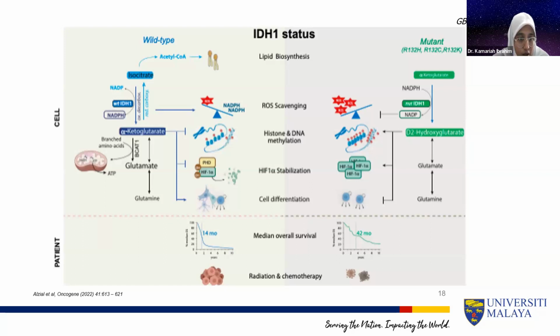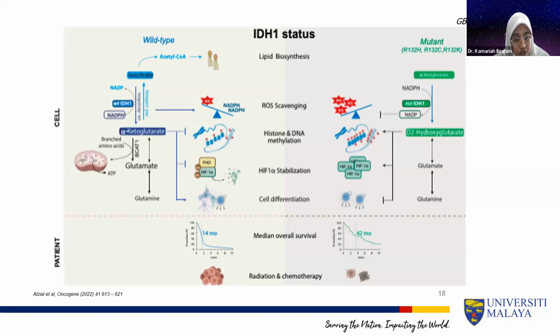In IDH1 wild type, because of the intact activity of the enzyme itself, it is also able to stabilize the hypoxic condition and allow cell differentiation. Thus, in this group of patients, the patients would not respond much to the treatment intervention given.